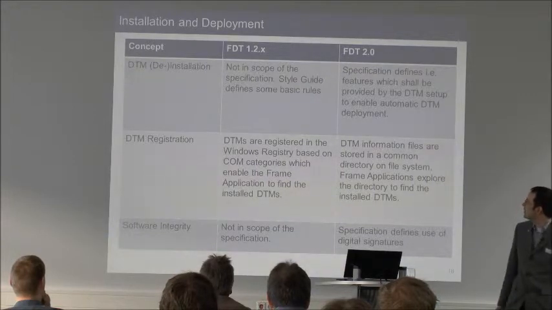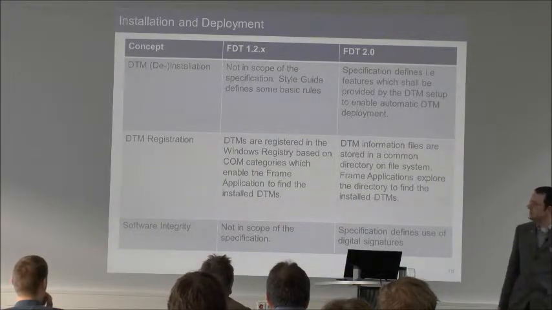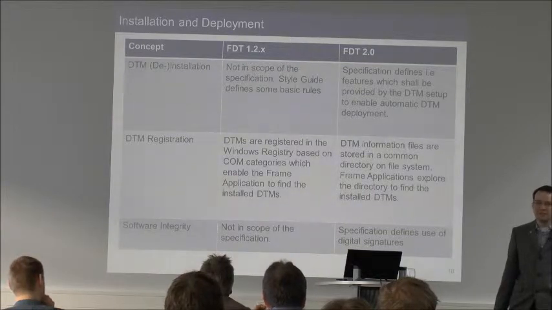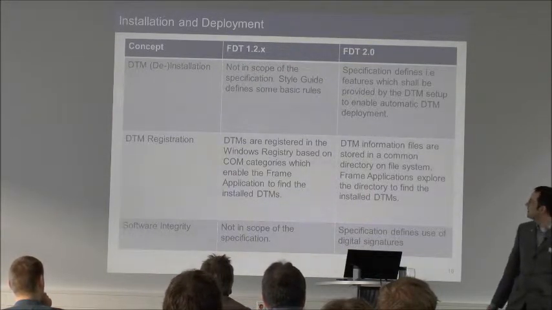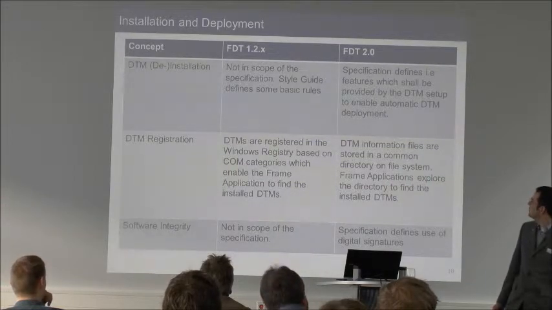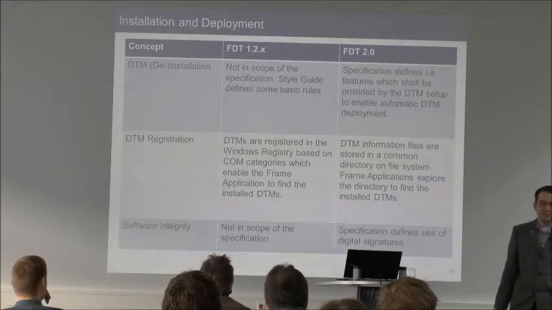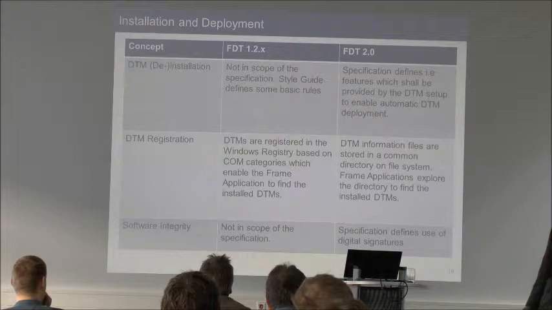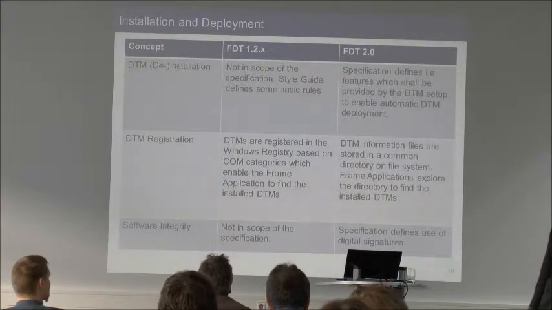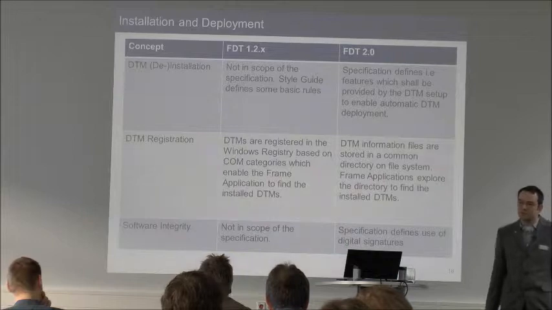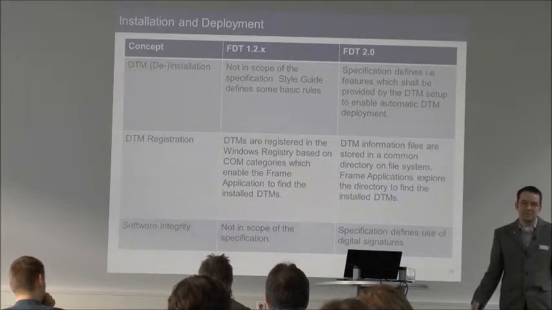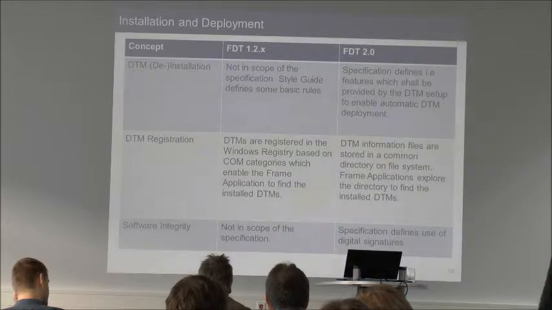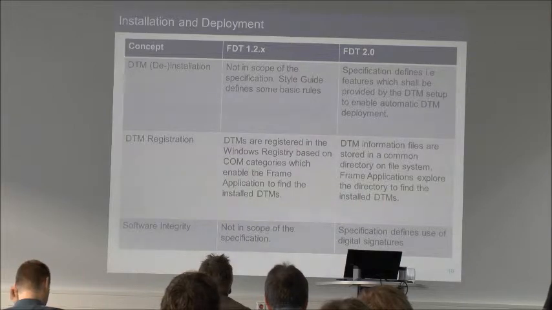In FDT1 the installation was not defined in the specification, and now the FDT2 specification defines some use cases for the setup, like automatic installing or usage of signatures. And also the DTM registration: in FDT1 the DTM registration was in the Windows registry, and in FDT2 we have a shared folder on the file system for the registration.